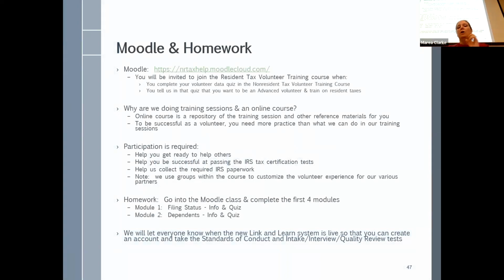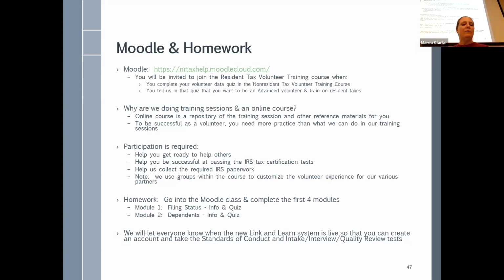Okay. So when you fill out the volunteer data, there's a quiz. The very first thing in the non-resident tax Moodle course is a quiz about volunteer data. And on that, there's a question where you can say, do you want to be a general volunteer and do non-resident tax only? Or do you want to be an advanced volunteer and also study the resident stuff?